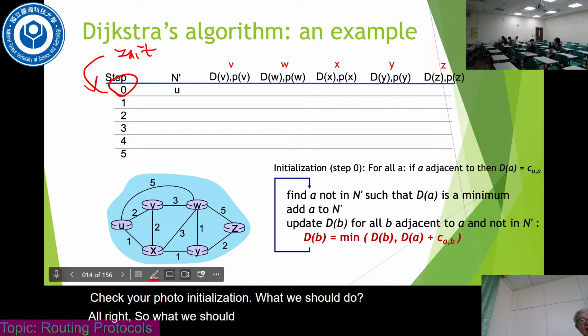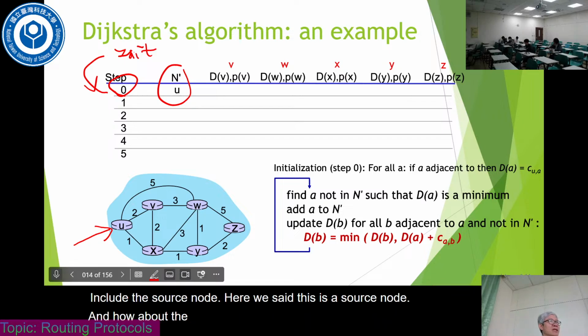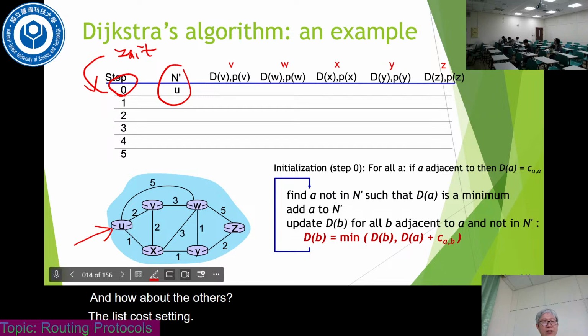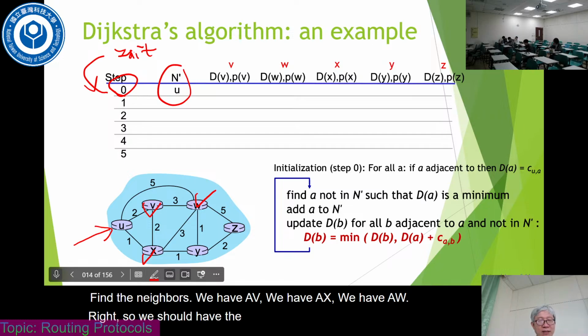First of all, N prime includes the source node. Here we said this is the source node. And how about the others? The least cost setting. And find the neighbors. We have V, we have X, we have W, right? So we should have the direct setting 1, 2, and 5.